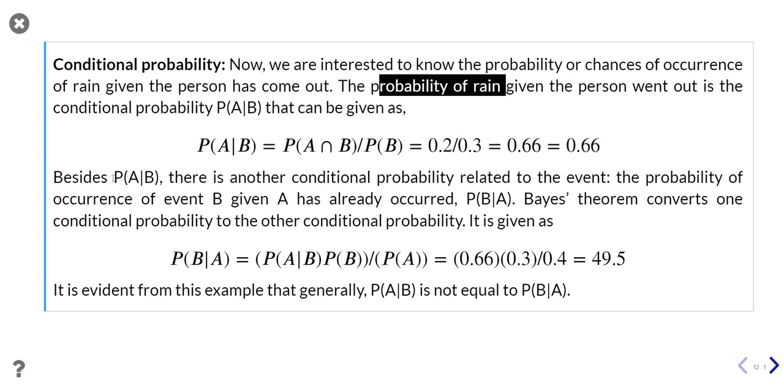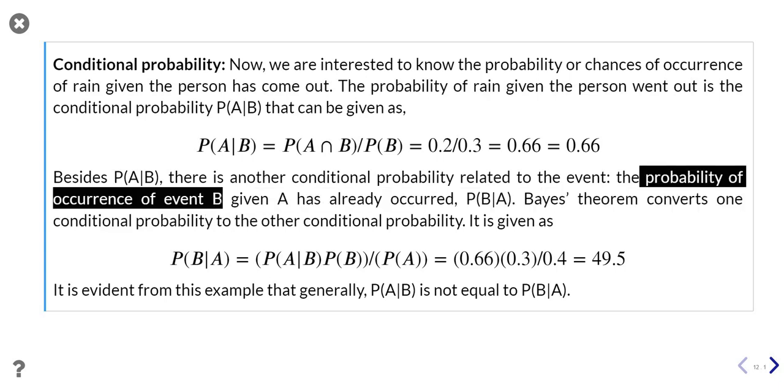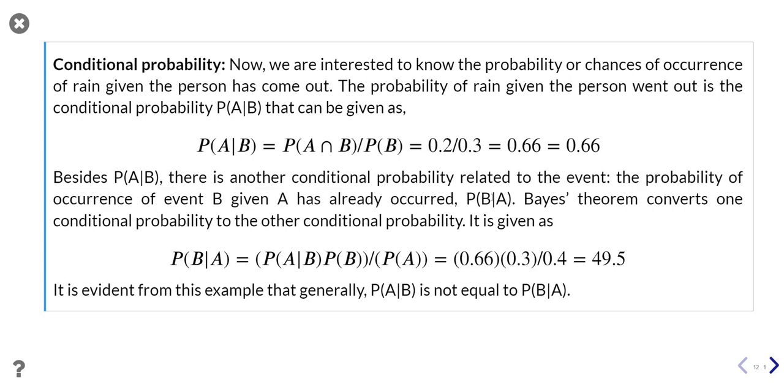On another note, there's another condition related to the event, which is the probability of the occurrence of event B, the person going out, considering that A had already occurred. So this is the probability of the person going out when it is already raining.